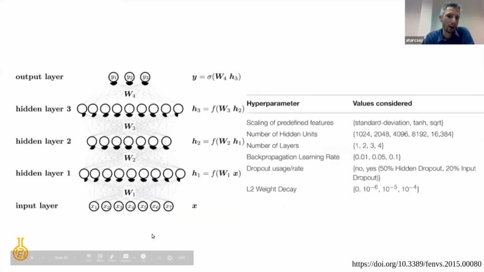So this is how this looks in a more complex scenario. You have the input layer, you have these weight matrices, the layers, and the output layer. There are various hyperparameters, like the backpropagation learning rate, how much of the error should be taken into consideration in one step. And the optimization is done in most of the cases with backpropagation and in batches.